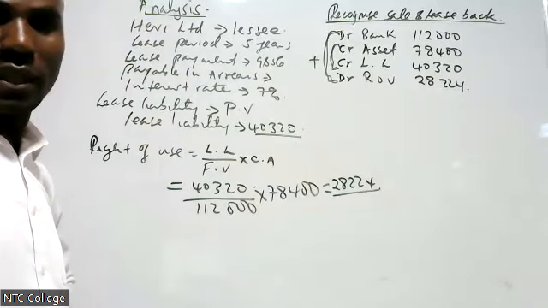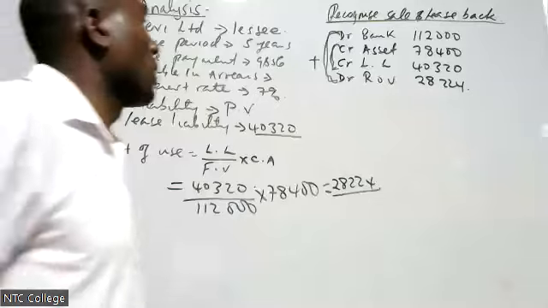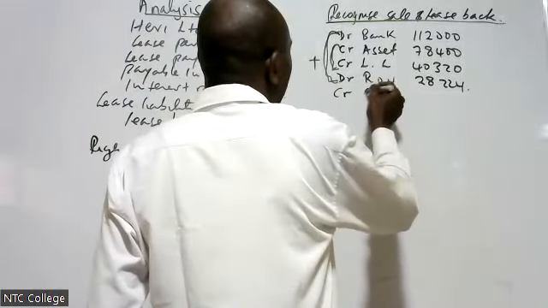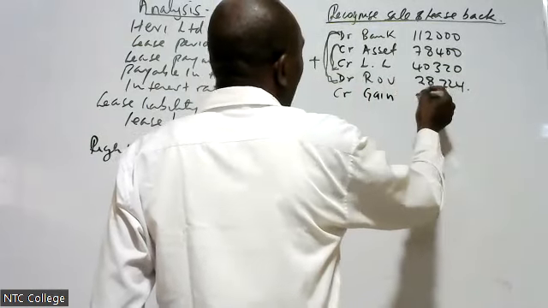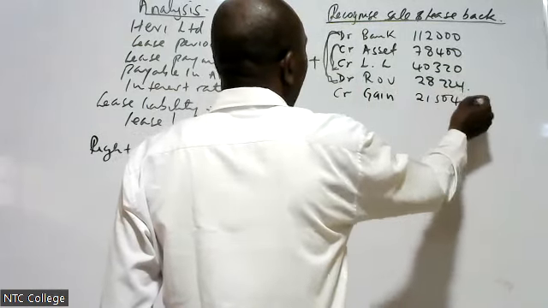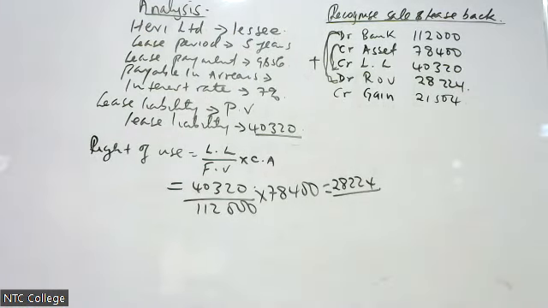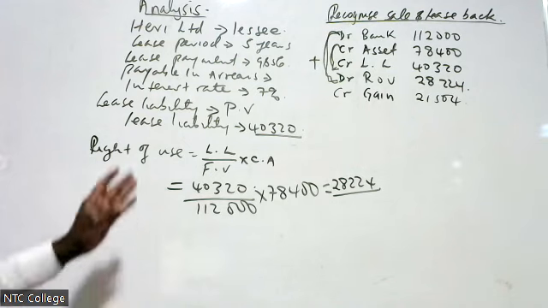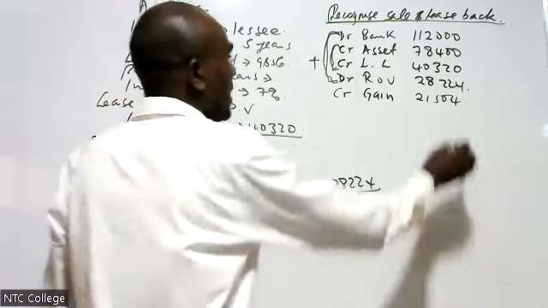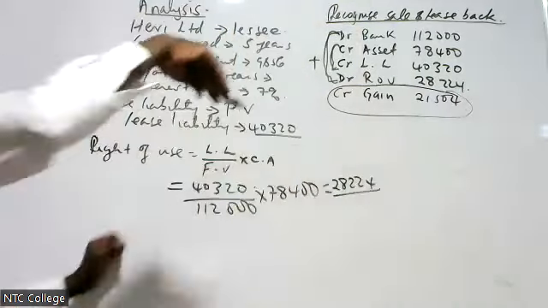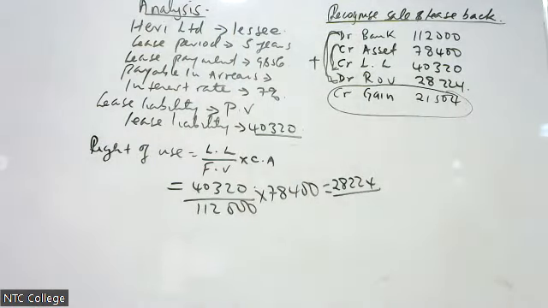Thank you very much, Ruth. 21,504. Therefore, we credit. That is the gain. Therefore, we have recognized sell and leaseback there. The aim of doing this is to recognize this gain or loss, so that we find either gain or loss on the rights transferred to the buyer.